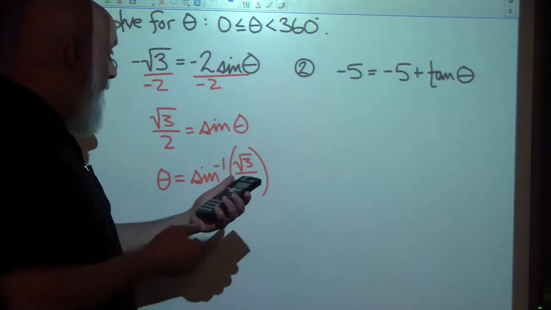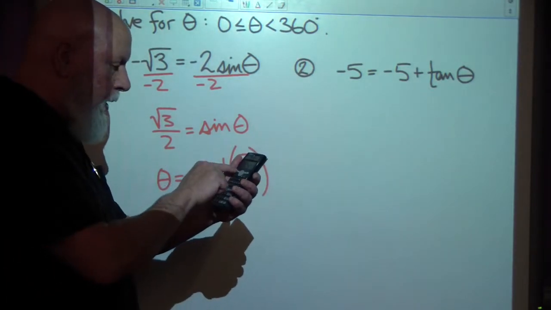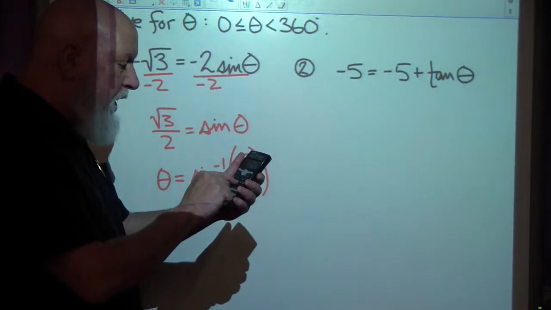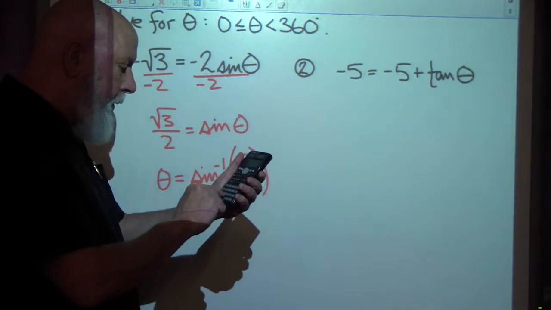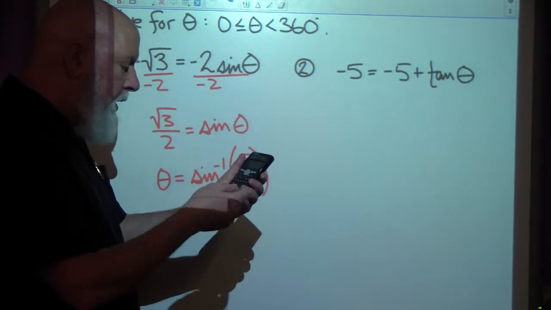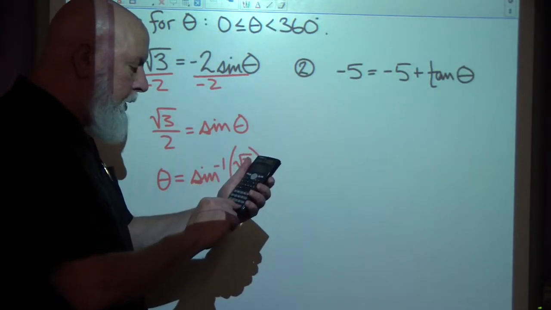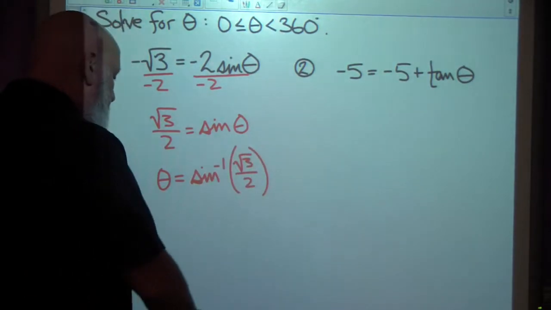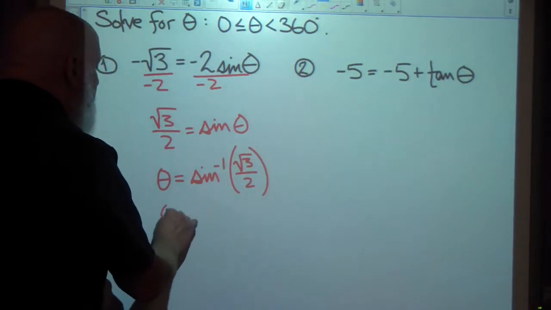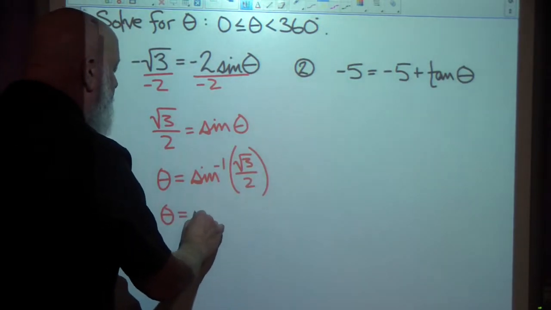You'll see here in just a second, I hope. Shift, inverse sine, parenthesis, square root of 3 divided by 2, close parenthesis, equals. I just took the inverse sine of that with my calculator and it says 60 degrees. Okay, so I know that 60 degrees is one of my angles.